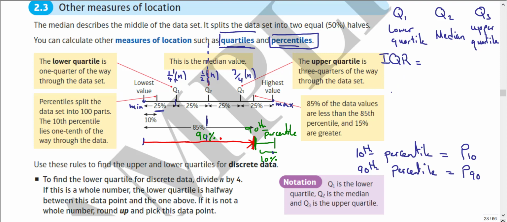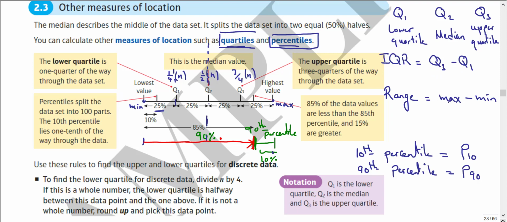What you just said, Adam, was the definition of range. There is a difference between range, which is the maximum or the highest minus the minimum, the lowest, and the interquartile range, which means Q3 minus Q1. So what's the interquartile range? Q3 minus Q1.